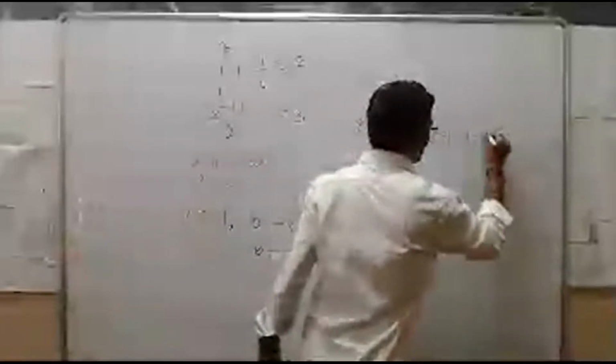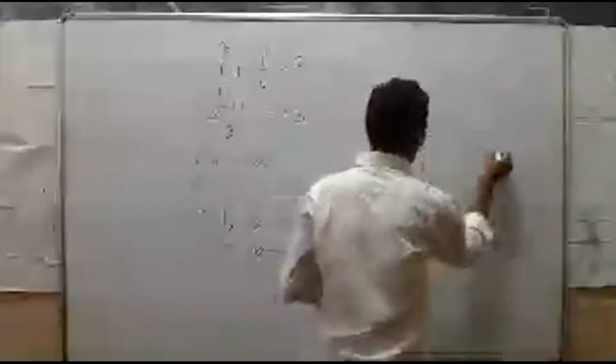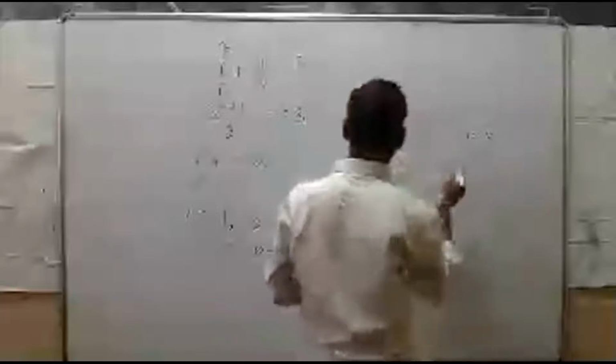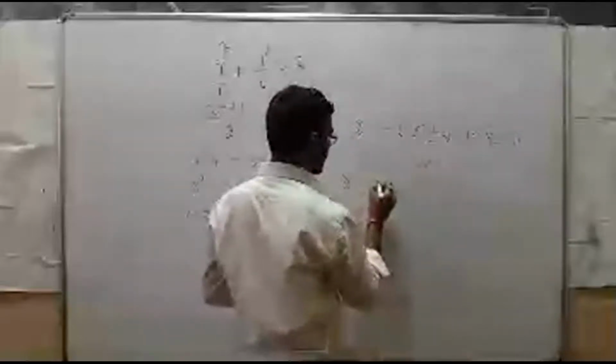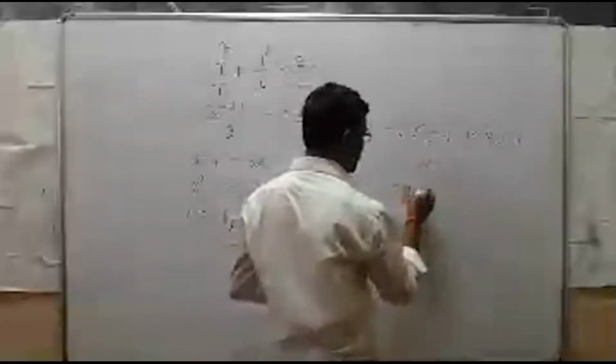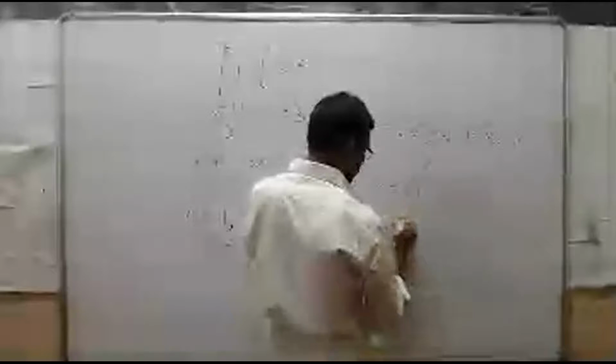Minus of minus 3 plus or minus under root b square, b value is minus 3 whole square, minus 4 into a value 1, c value is also 1, divided by 2 into a value 1. Therefore x is equal to minus into minus plus 3 plus or minus square, 3 square is 9, minus 4 ones are 4, divided by 2 ones are 2.